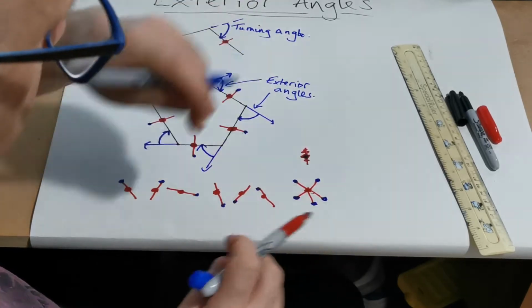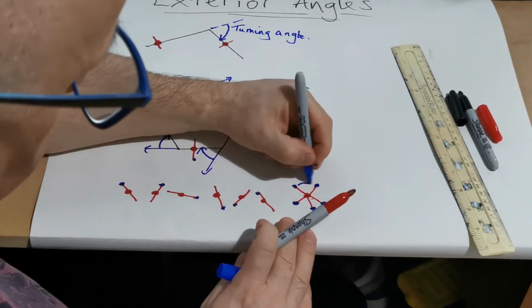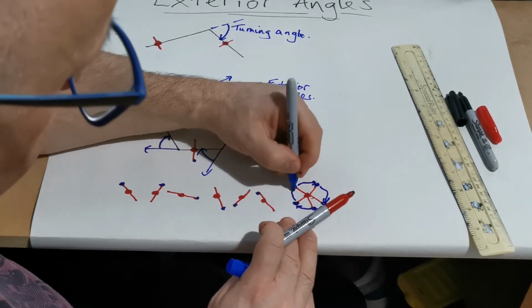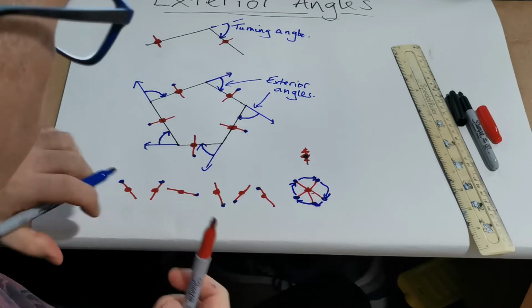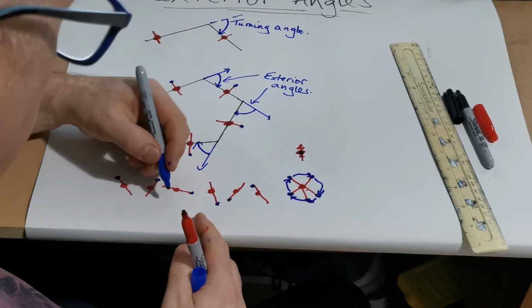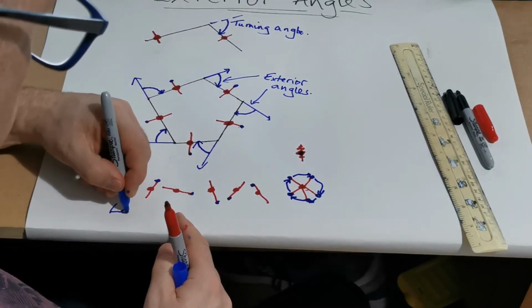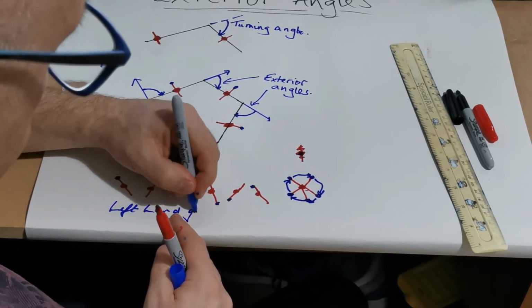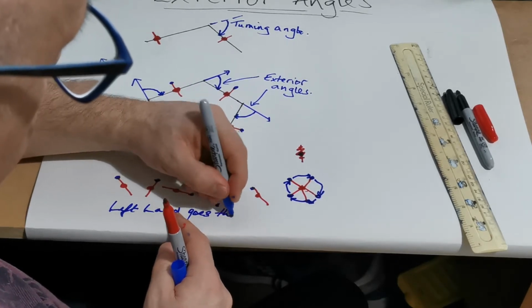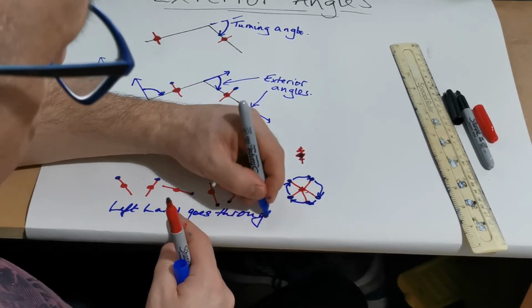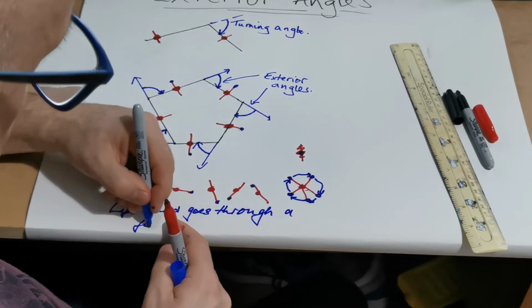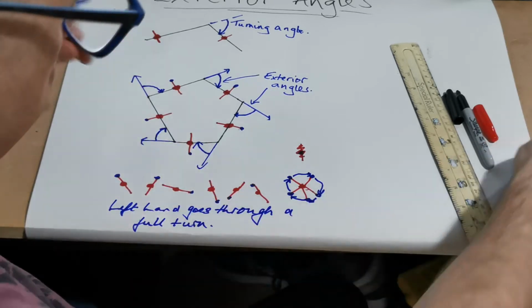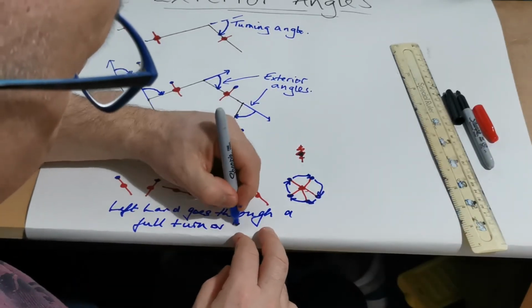So just looking at the left hand and then back to the beginning again, you can see my left hand has gone through a full turn. 360 degrees.